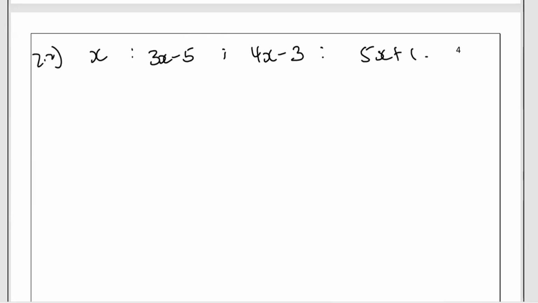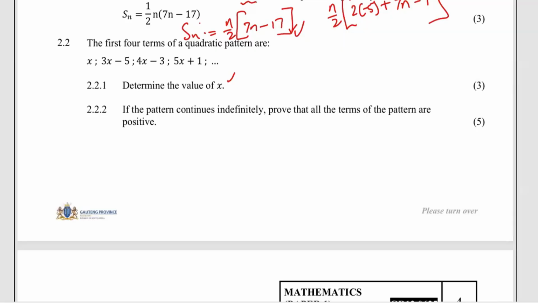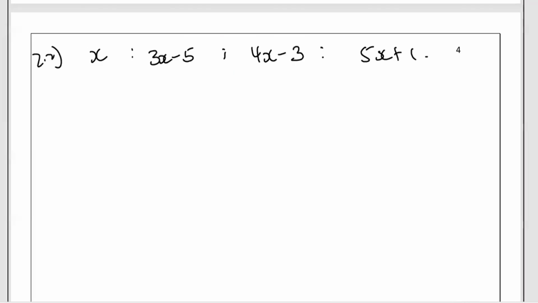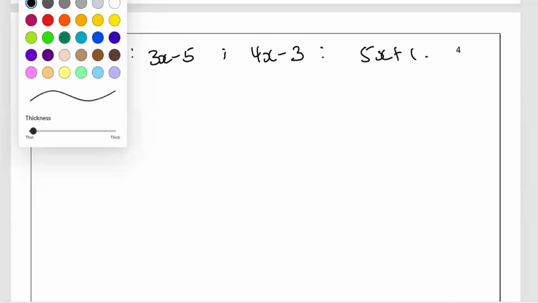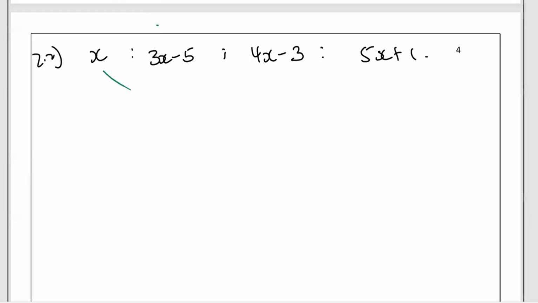One thing we know about the quadratic pattern is that we have 2 differences: the first difference and then the second difference. The second difference needs to be the same across. So let's get the first difference. 3x minus 5 minus x, I'm going to have just 2x minus 5. Then for the second term, we have 4x minus 3x, which is x, minus 3 minus minus 5 is giving me a plus 2.